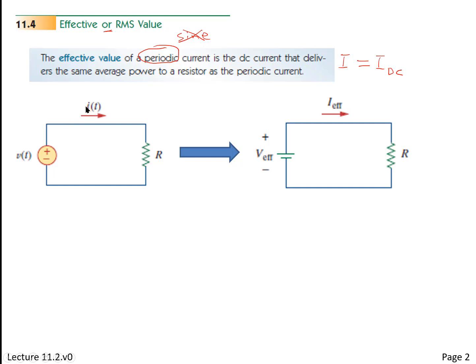Now this is time varying. Right? These over here are going to be time varying of some sort. This is going to be the DC equivalent. Okay? That's what's going on here. And it's important to keep that in mind. Okay?